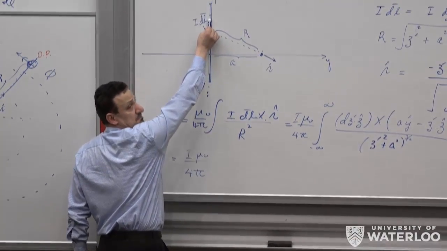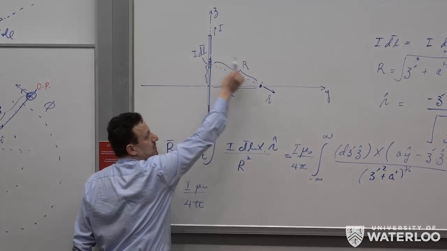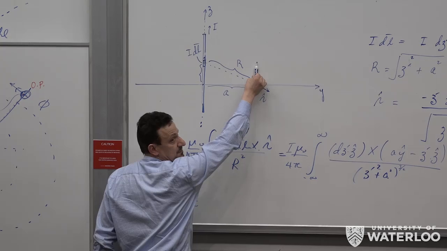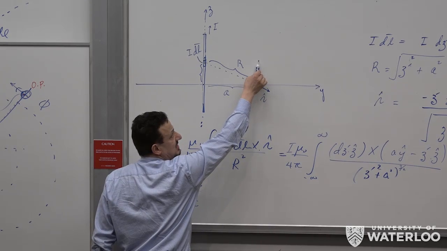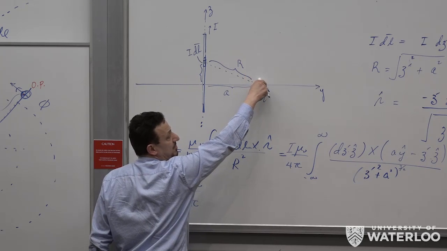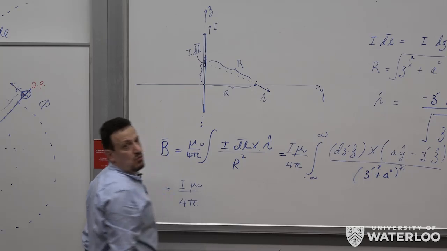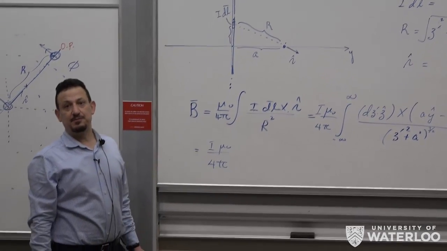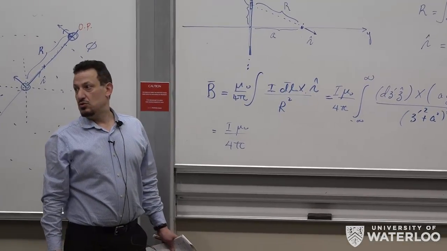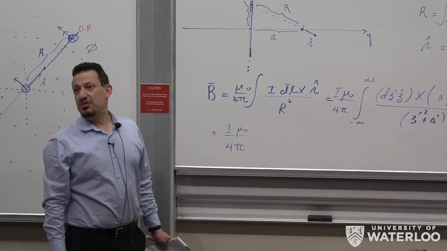There, right? There. If I cross Idl with r, what will I get? Where will the direction be?